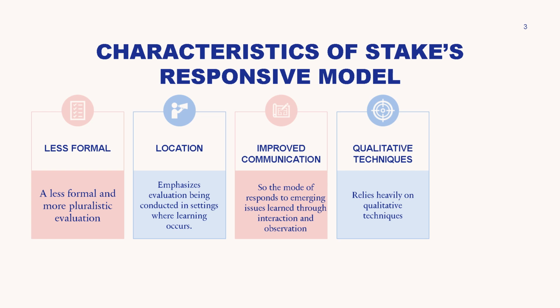Improved communication, because there is an interaction between stakeholders when it comes to how programs or activities are going on with that program. And of course, the basis for data is more on qualitative techniques.